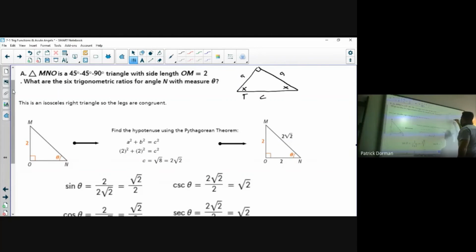If these 2 angles are equivalent, these 2 sides must be equivalent. The only way for those 2 angles to be equivalent is if they're 45-degree angles, because this one is 90 degrees. So it's a special triangle. It is an isosceles right triangle.